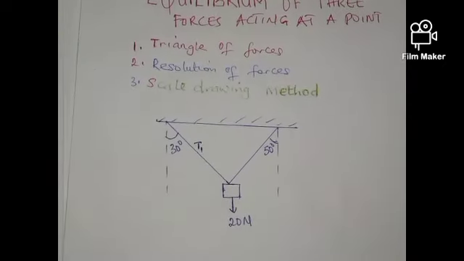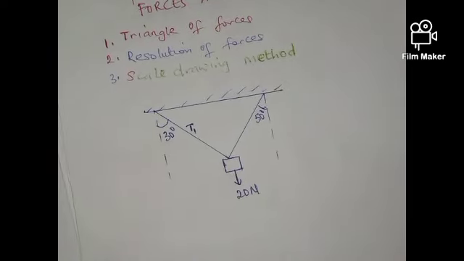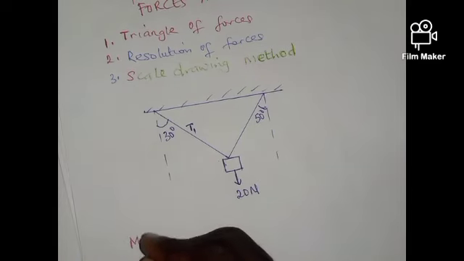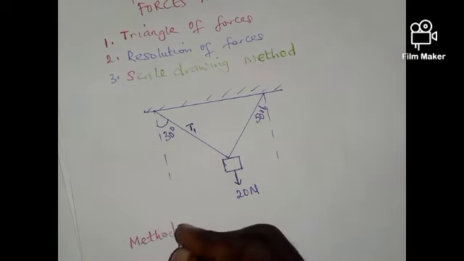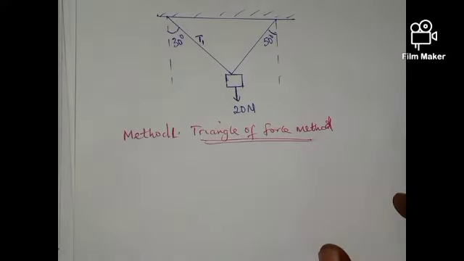So I'll use the triangle of force method as my method 1. So for method 1, since I'm using the triangle of force method, the triangle of force method is actually the easiest method to use. Why did I say that?